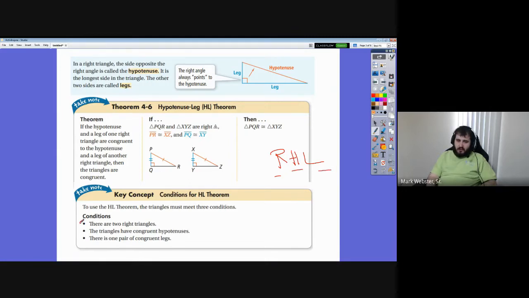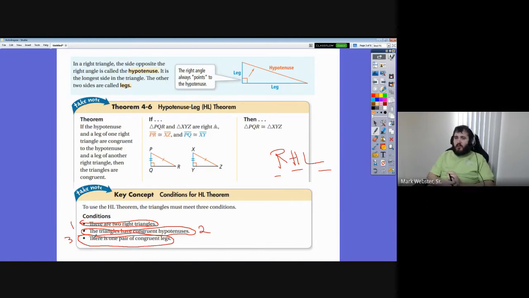Look at the conditions. We've got a pair of right angles. That's thing number one. The triangles have congruent hypotenuses. That's thing number two. There's one pair of congruent legs. That's thing number three.